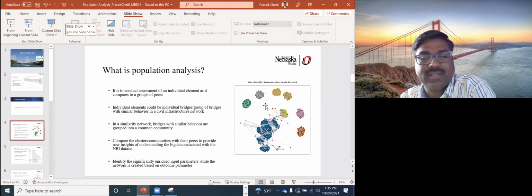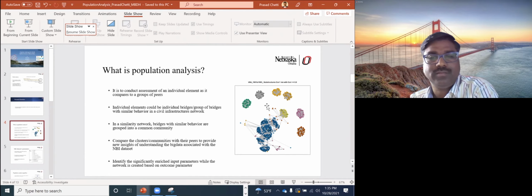Each node represents a particular bridge, and each edge is a relationship between these bridges. This relationship may be a time series relationship. In a similarity network, bridges with a similar behavior are grouped into a common community.